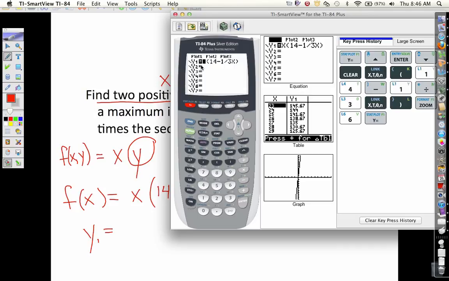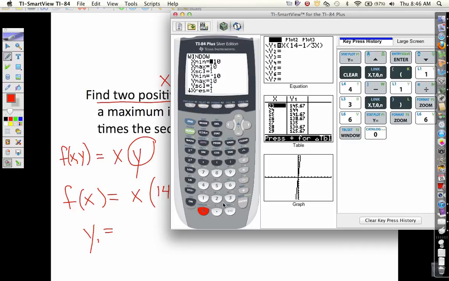All right, so what I would do is, let's go to y equals in your calculator, and you're going to enter the equation, x parenthesis 14 minus 1/3 x, and I'm going to start with zoom 6 for my graph. We can see the quadratic rises coming from negative infinity, but we don't really see where the maximum is occurring.